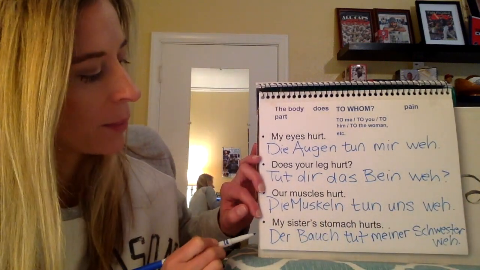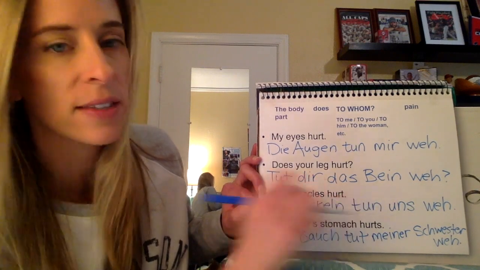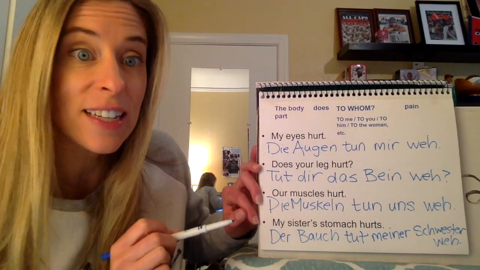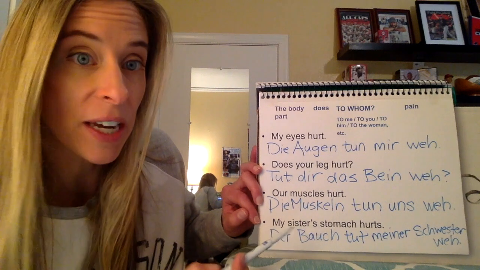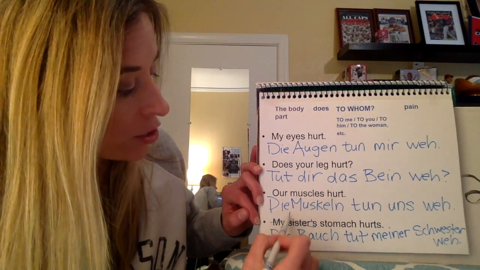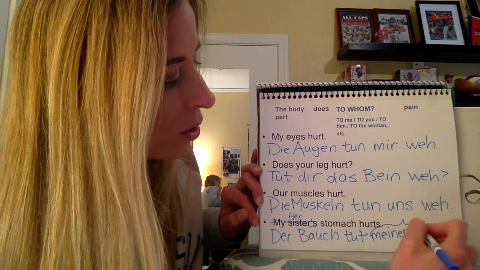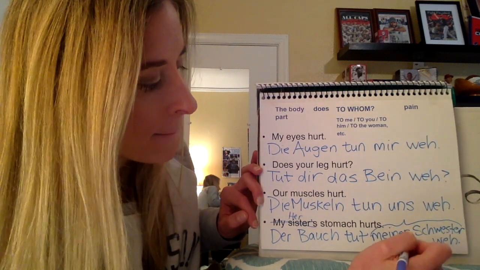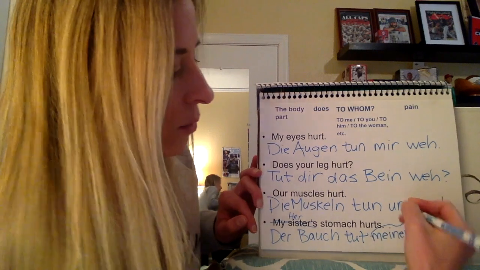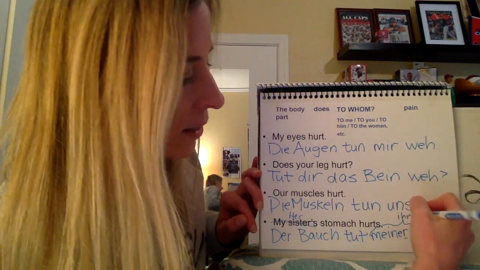And so, der Bauch tut meiner Schwester weh. If we wanted to say her stomach hurts instead of my sister, if we wanted to just say her, then we would simply replace this whole phrase, meiner Schwester, with ihr, just like so.